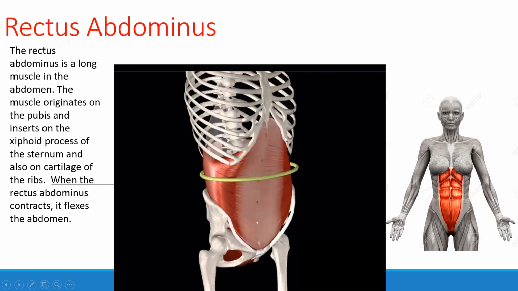The diaphragm can't drop down because the rectus abdominis is compressed and is flexed and in the way. So when we're picking up something very heavy, we're not usually aware of it, but we do hold our breath.